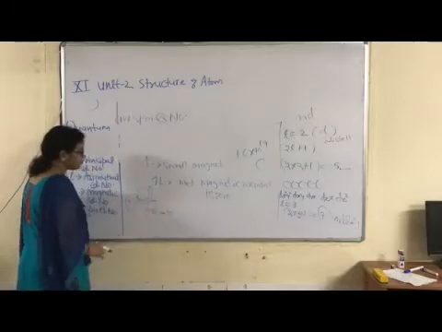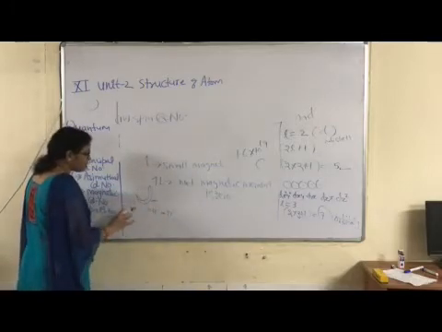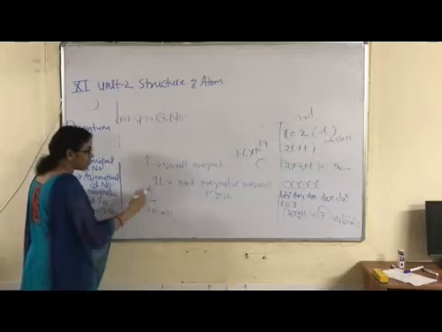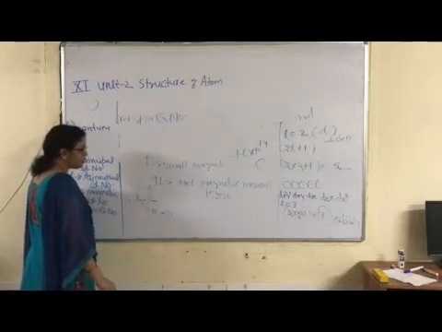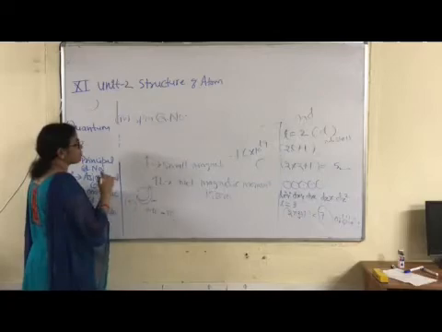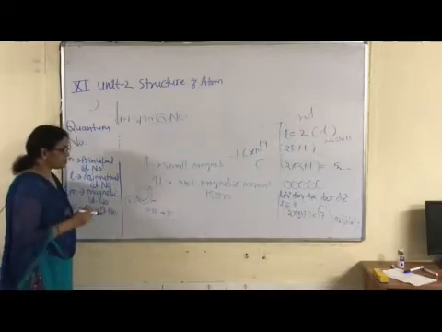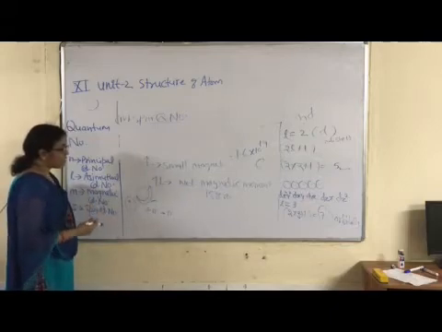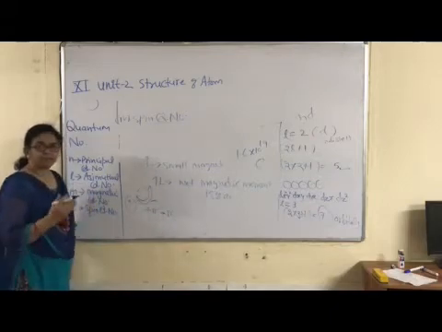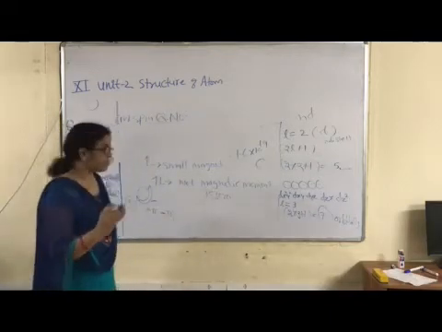The values are the same, but the directions of spinning are opposite, so the net magnetic moment is 0. This is the importance of the spin quantum number. Knowing the spinning of electrons, we can predict the magnetic property of any substance.